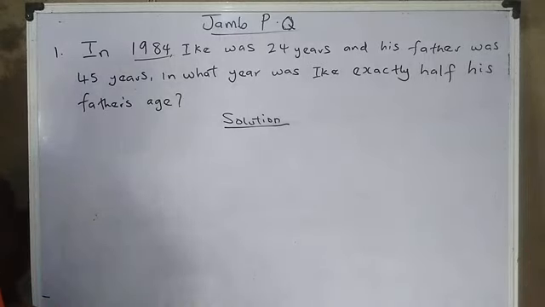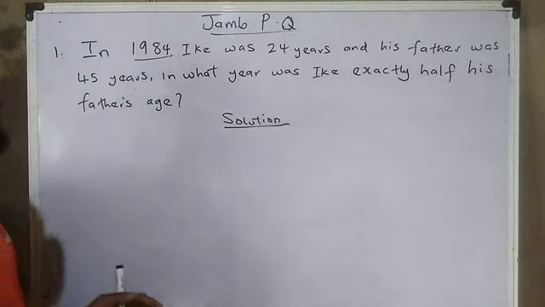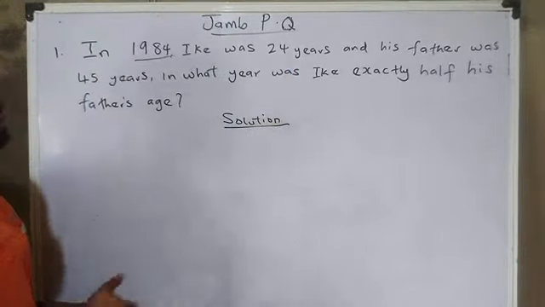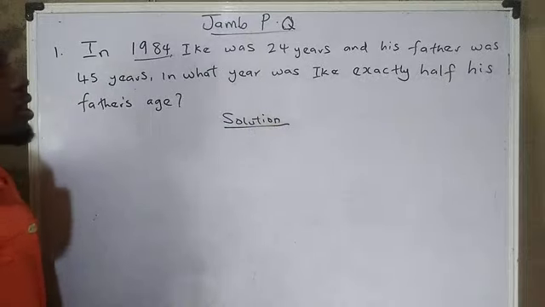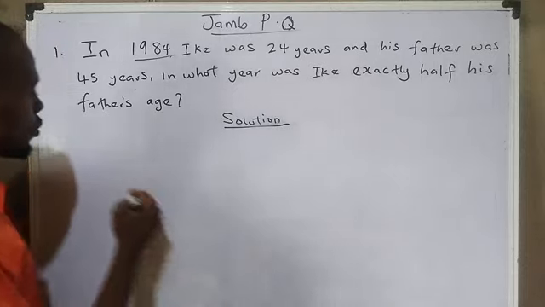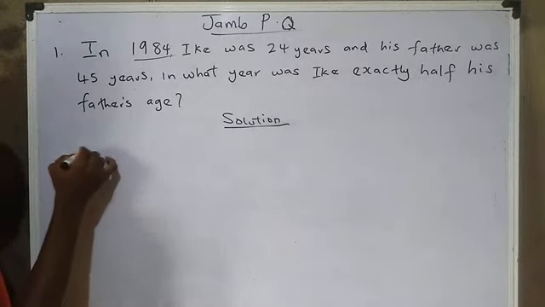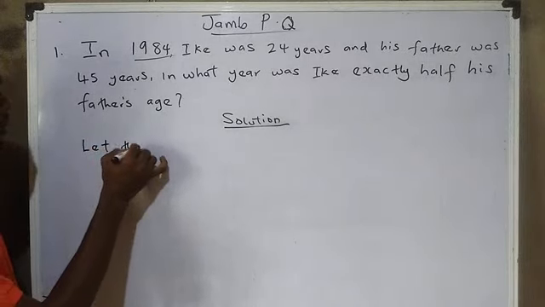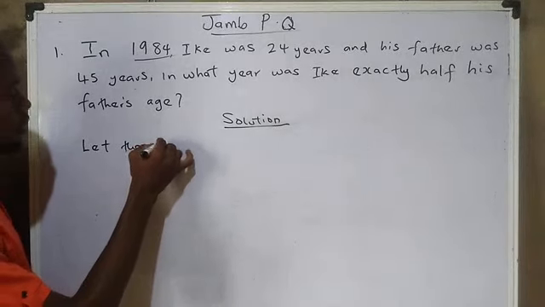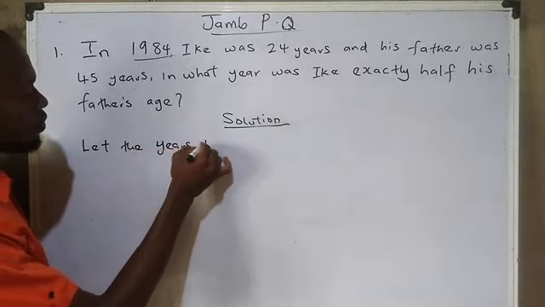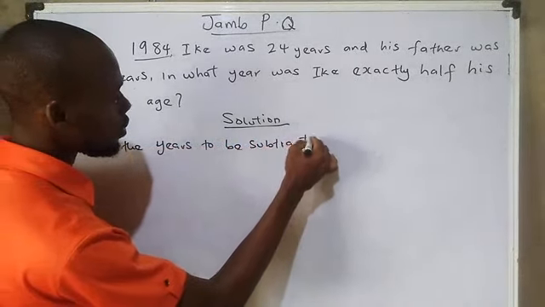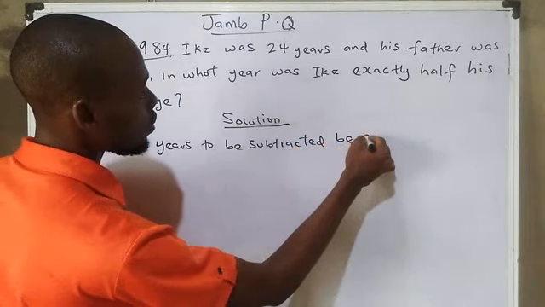And to do that, you just need to say, okay, let the number of years to be subtracted from these two ages be x, because you don't know how many years you need to subtract. Let the years to be subtracted be x.